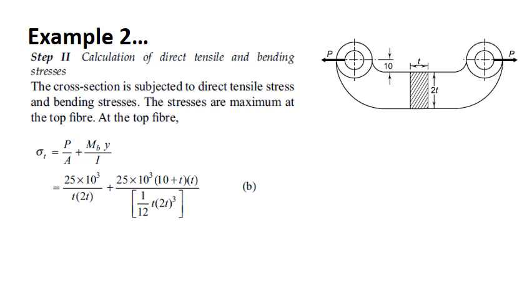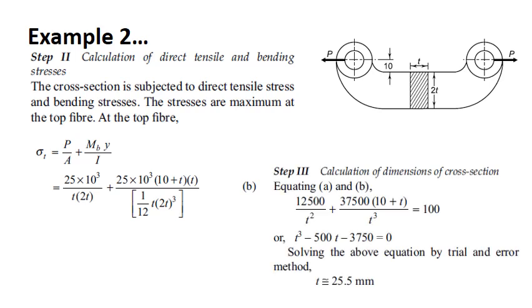So here b is thickness T, depth is 2T, whole cube by 12. Sigma T is 100 MPa, we have evaluated. Now you solve for T, you will get a cubic equation. You can solve that in your calculator. So thickness is nearly equal to 25.5 mm or 26 mm.